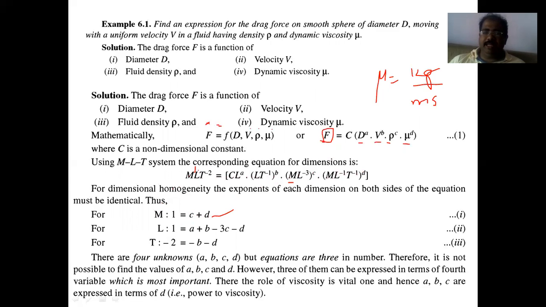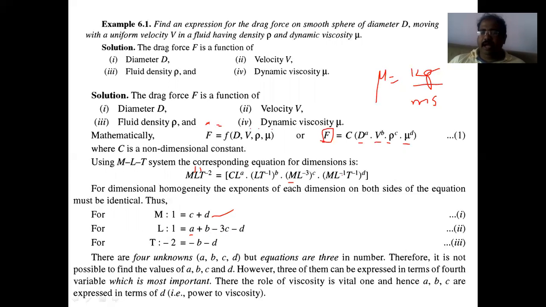Then the second is the length. Again the power is 1. So L to 1 is equal to L raised to power a, that's why we use a. Then L raised to power b, so plus b. Here the power is minus 3c, so we use minus 3c.